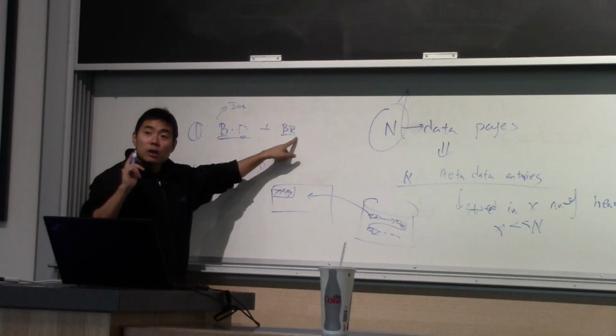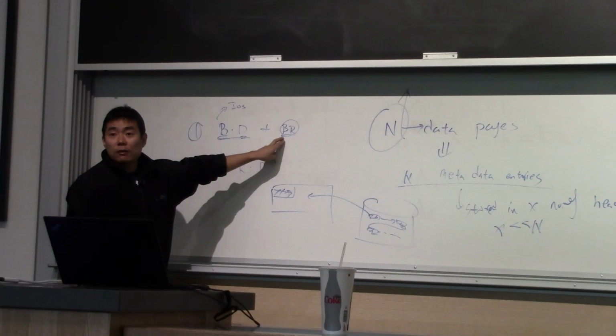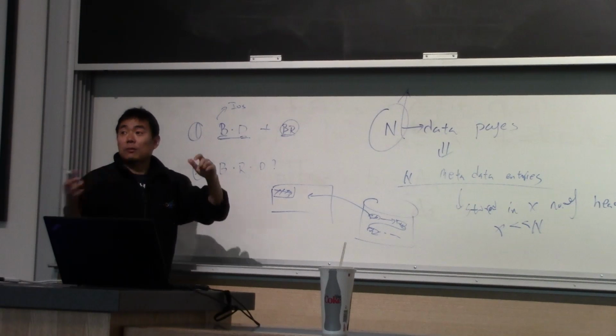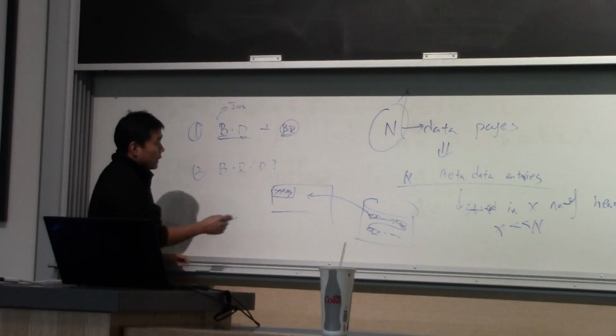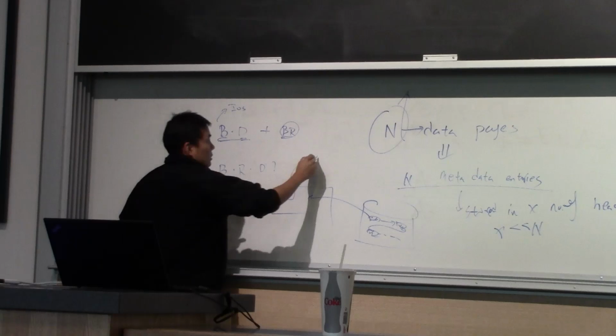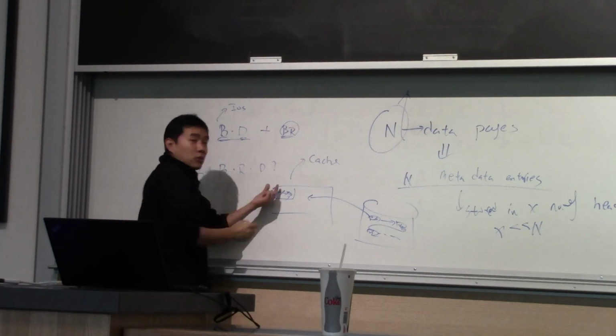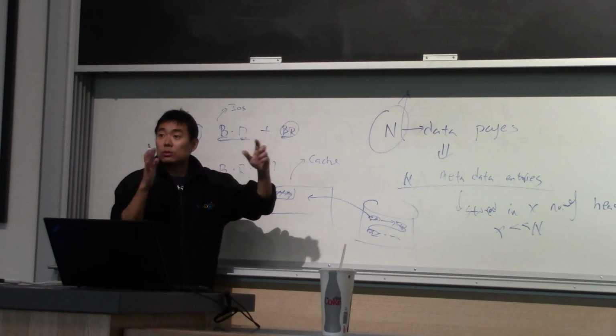But the important thing to note is that the time cost for this is not the same as D. D is the time to fetch a page. The cost of this is really at another level of abstraction, which is your cache. You need to fetch this page record by record into your cache in order to read those records.